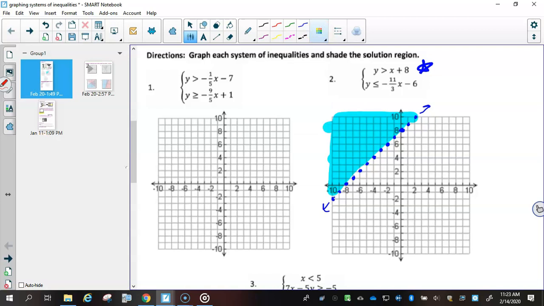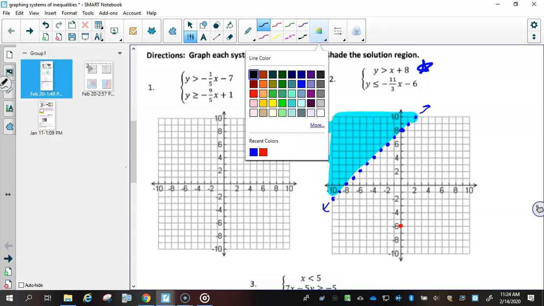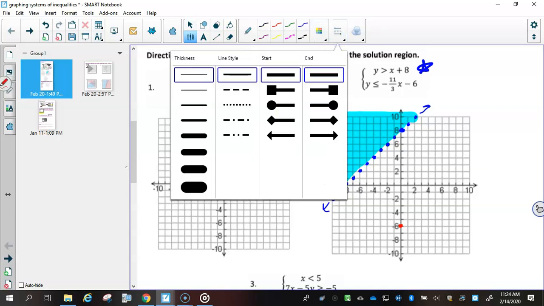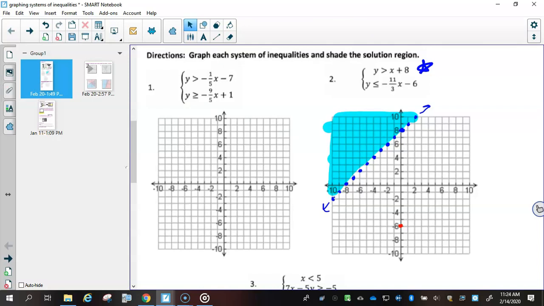Okay. For your second line, I'm kind of going to disregard that I already drew one and just draw the second one as if it were a new line. I'm going to start at -6. And you have a negative slope, so go up 11 and left 3, because I can't go down and right. Left 3.